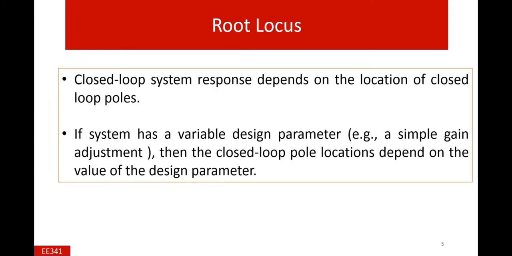The closed loop system depends on the location of the closed loop poles, and the system's design parameters can be adjusted for different values of the controller and design parameters, so the location of the closed loop poles varies accordingly.